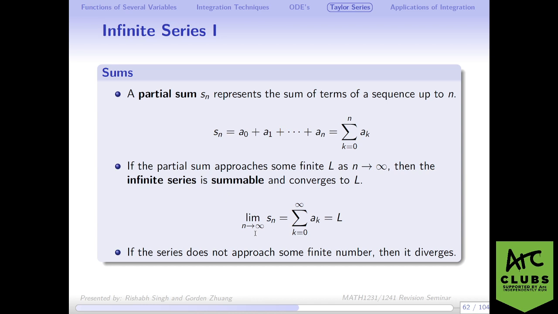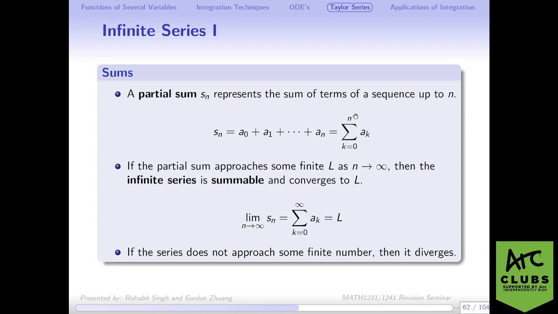So moving on from sequences, we have series, which are in a way a sum of the terms of a sequence. A partial sum is a sum of a sequence up to some value n. So when we have some sequence a, then the partial sum up to n is just this sum.